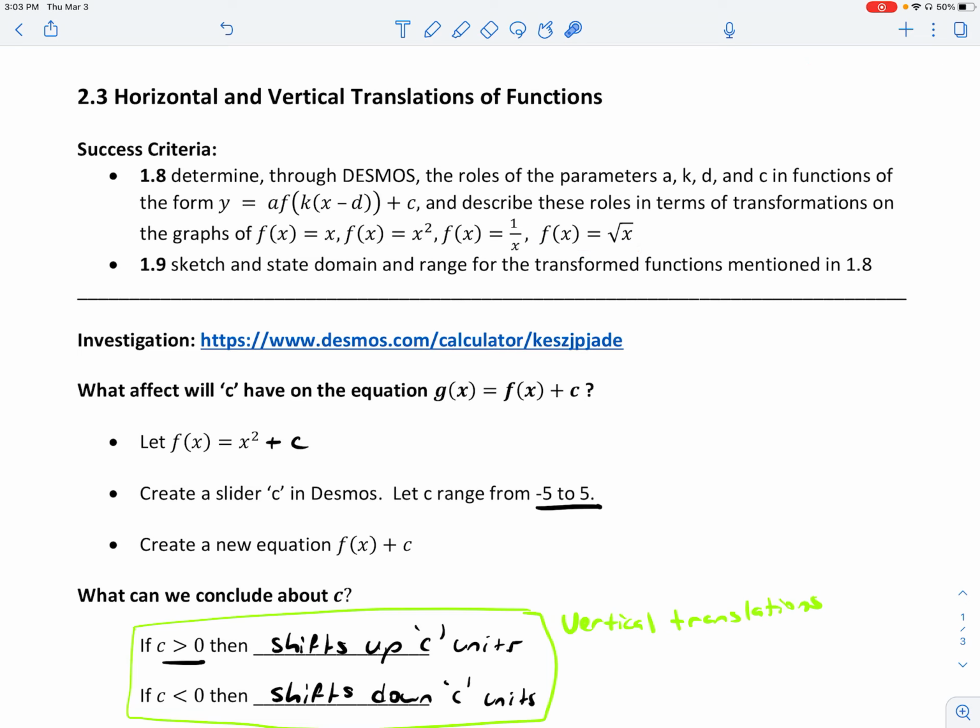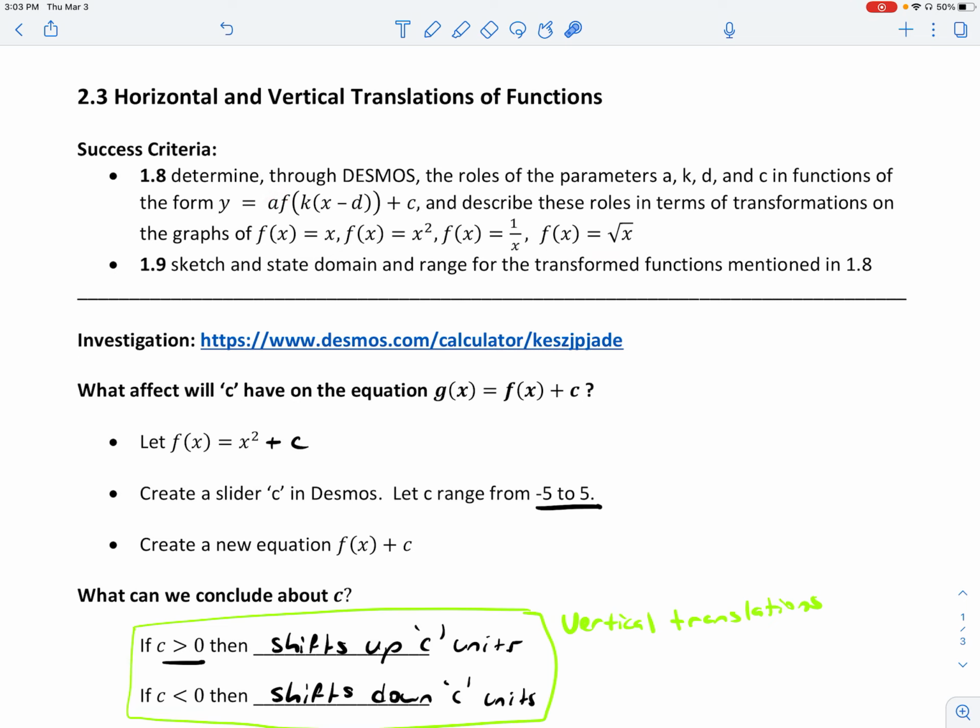So what happens is when these transformations are present, they're just going to have an effect on the base function. And we'll be able to actually determine what that effect is and get the new graphs. So when we get really good at this, we can look at complicated equations or functions and say, I know what the base function is and I understand the transformations that are happening to it.